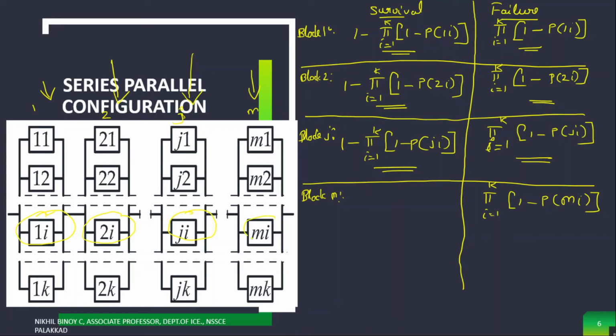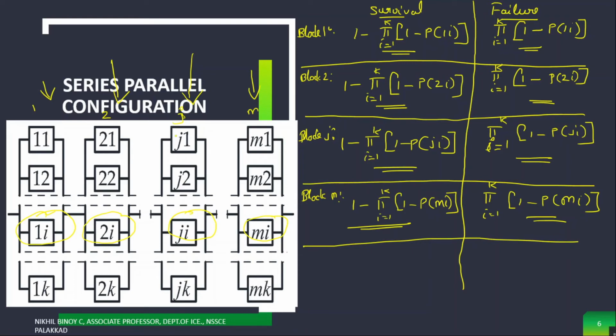This is mi. So this is the probability of failure of the mth block. The probability of survival of the mth block is 1 minus the product of I equal to 1 to k of 1 minus P of mi. So this one is the probability of survival of the mth block.